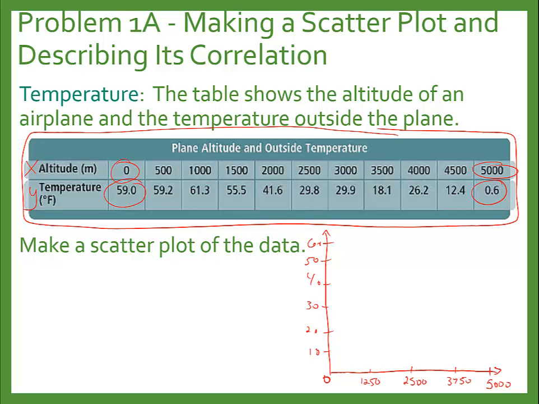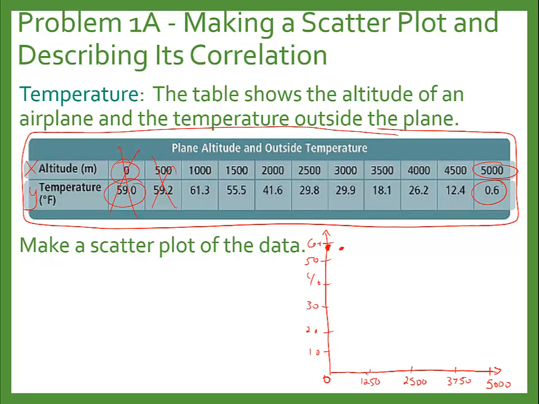Altitude, plot that first. Your first point is 0, 59. So 0, 59 is right here. Put a point. Next, 500, 59.2. So 50 is right here, and 59.2 is a little bit lower. We got that done. 1,000, 61.3.